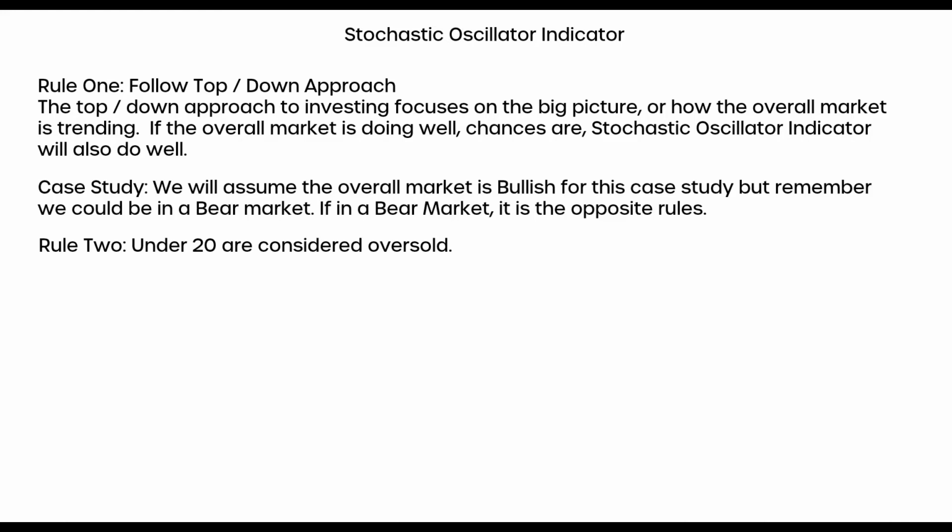Rule 2, under 20 are considered oversold. If the stochastic oscillator falls to 20 or below, and it has a near time low, a yearly low, a multi-year low, or an extreme low, this is a trigger to look at.